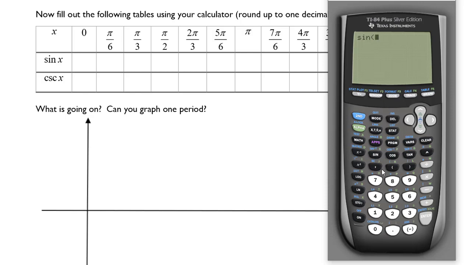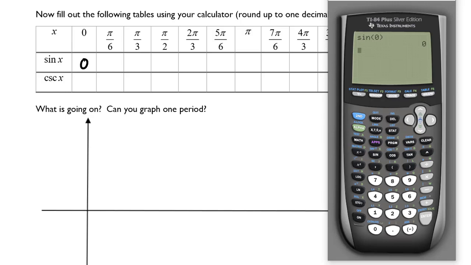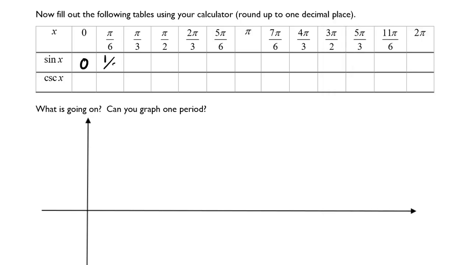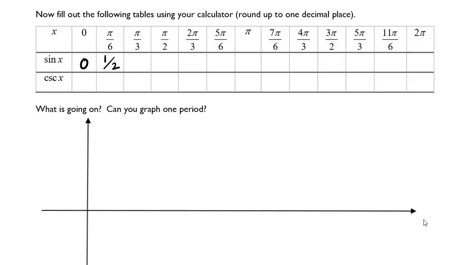So sine of 0 is 0. Sine of pi over 6 is 1/2. Sine of pi over 3 is 0.866, so we'll round it to 0.9.